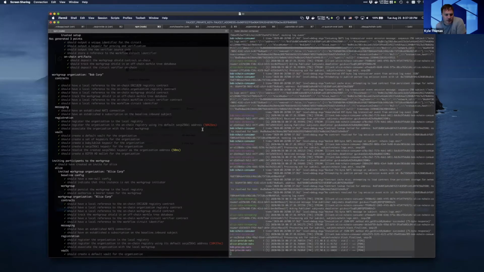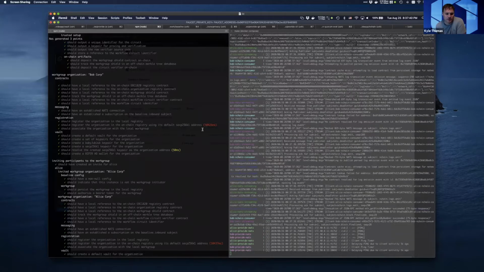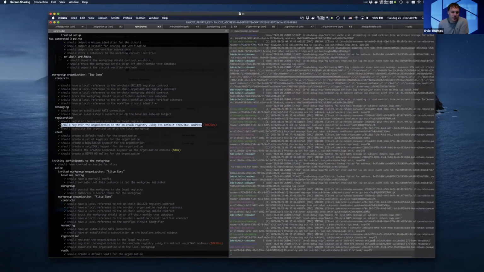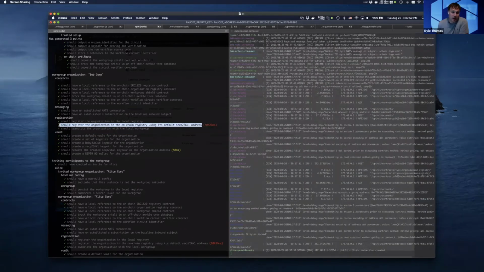The Ethereum public address representation of that K1 key pair is used sort of like a primary key, if you think of a traditional relational database. And that's used to look up the organization on the blockchain.